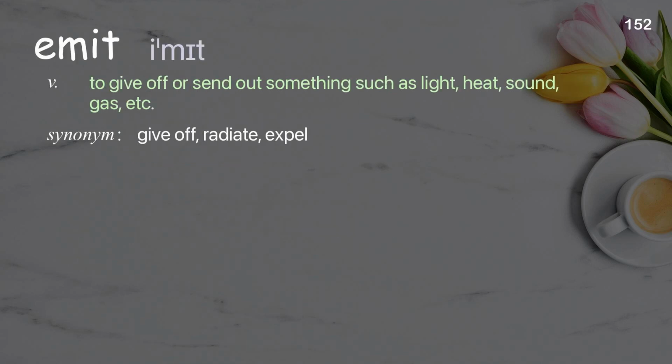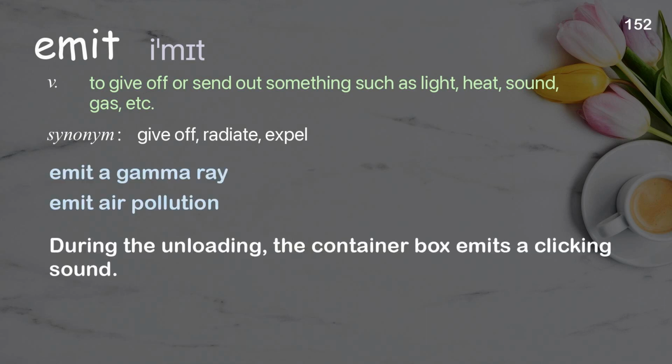Emit. To give off or send out something such as light, heat, sound, gas, etc. Examples: Emit a gamma ray. Emit air pollution. During the unloading, the container box emits a clicking sound.